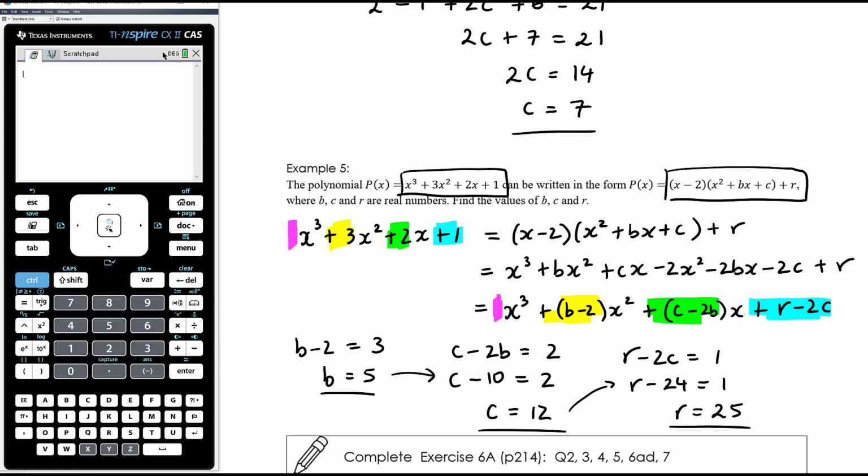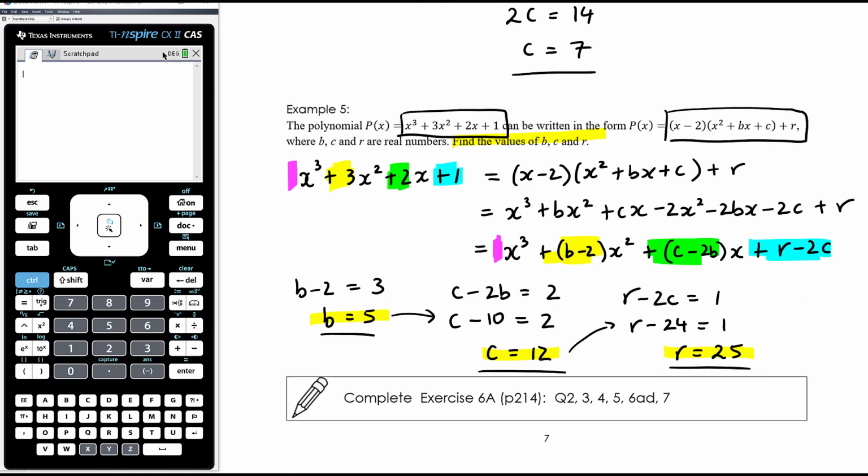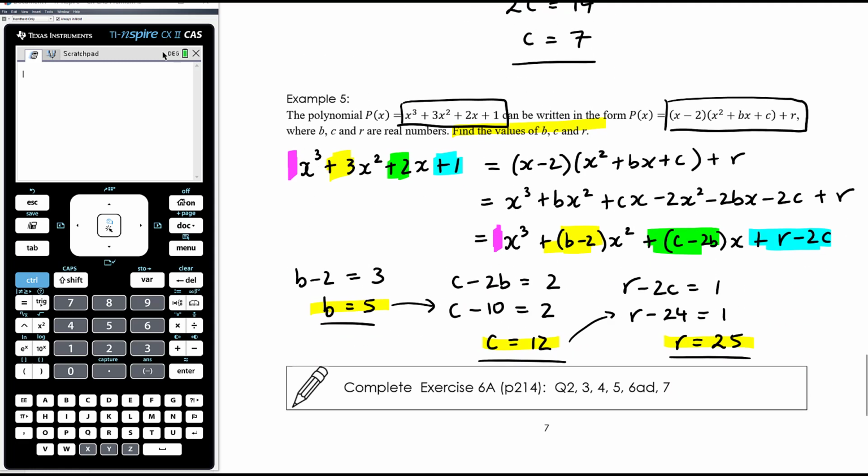If it asked us to write down p in this form, we would sub them all back in, but it just says to find b, c, and r. B is that, C is that, R is that. We've answered the question. Okay, so there's a variety of just arithmetic with polynomials, adding, multiplying by a number, multiplying polynomials together, and also just some practice with function notation to get you a bit warmed up here in exercise 6A.